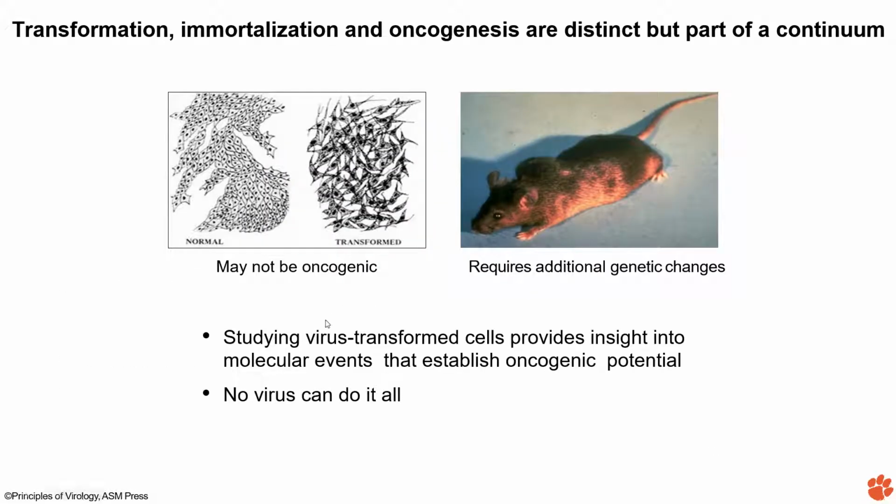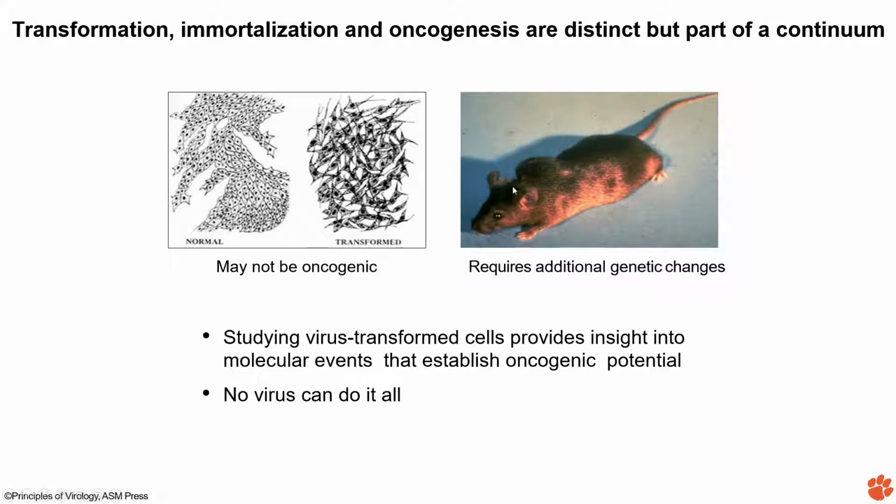Here, you take normal cells which are transformed, and if you inject those transformed cells into mice, some of them may not cause cancer, but some of them can. That is the difference between a transformed cell that is not oncogenic versus a transformed and oncogenic cell.